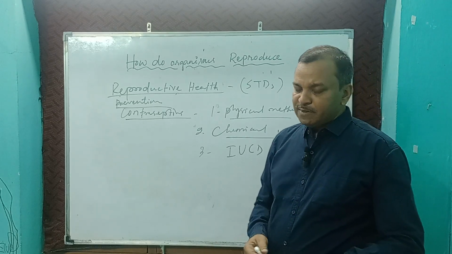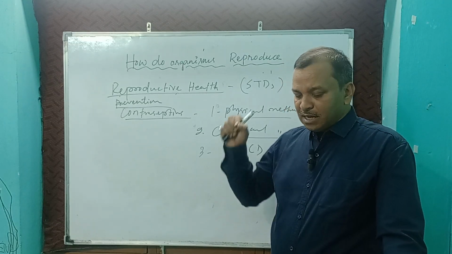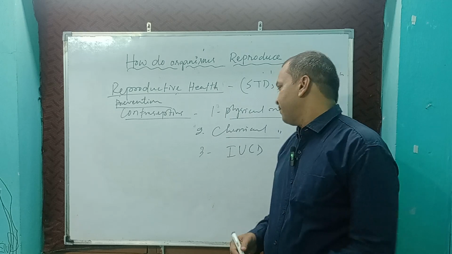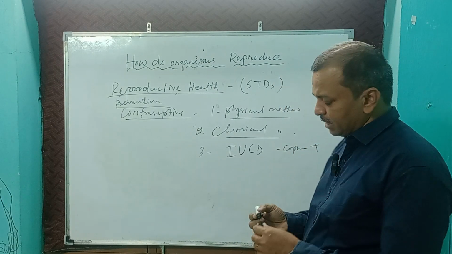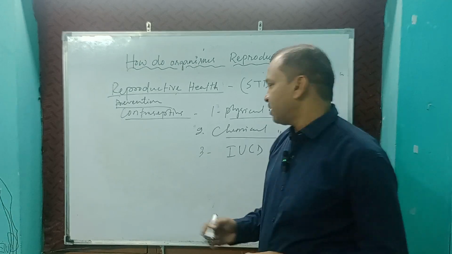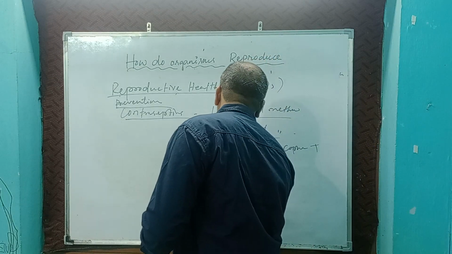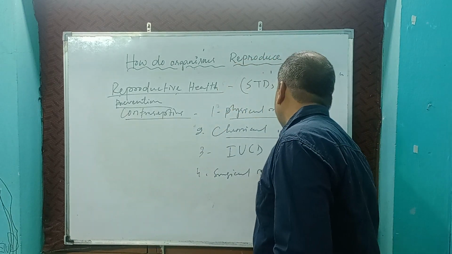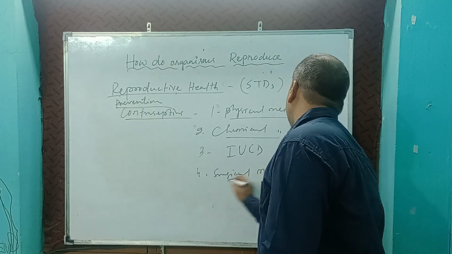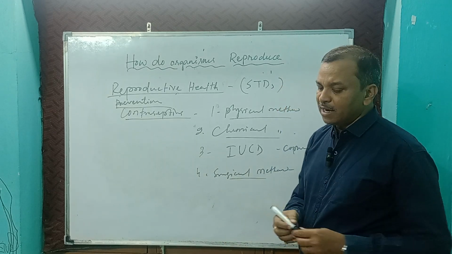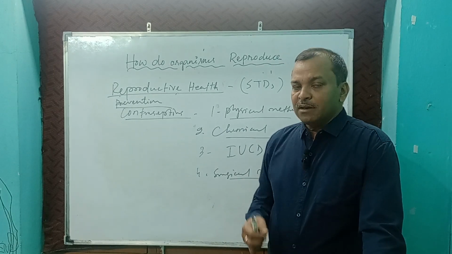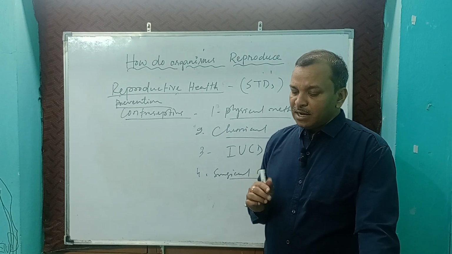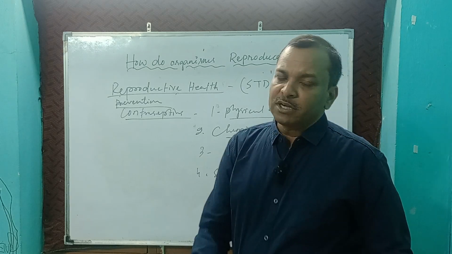There are contraceptive devices that can be fixed, like copper T. Next one is the surgical method. Both male and female can do this. In the male case, it is called vasectomy, and in the female, the surgery is called tubectomy.